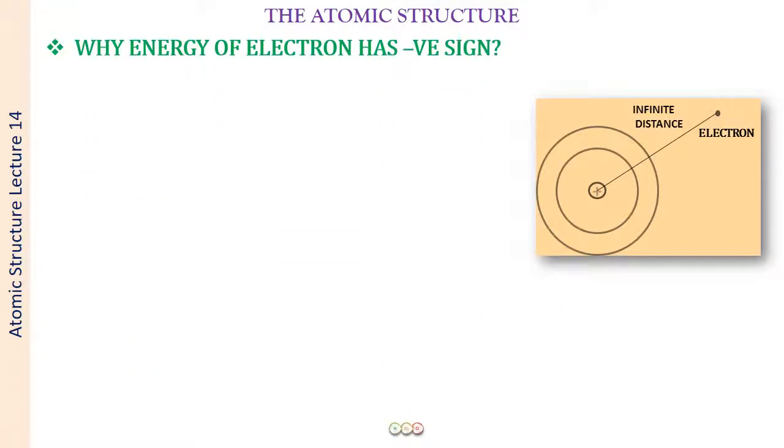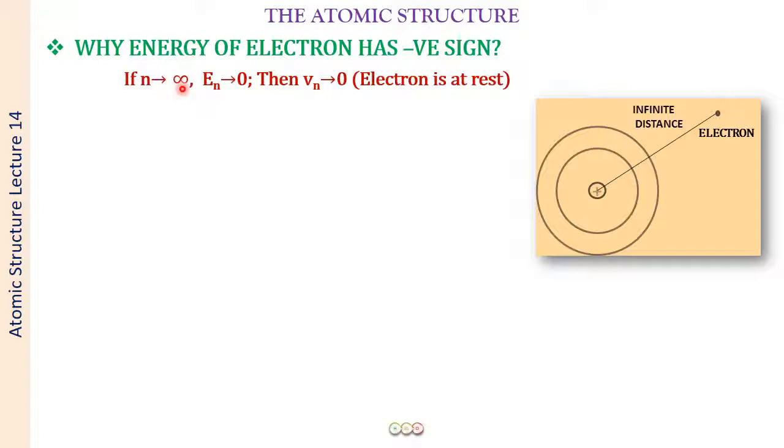Now the question, why does the energy of the electron have a negative sign? We have seen that the energy expression has a negative sign, but why is it so? Let me explain that. So we have an electron which is at an infinite distance from the nucleus, right? So this means that n is approaching infinity.